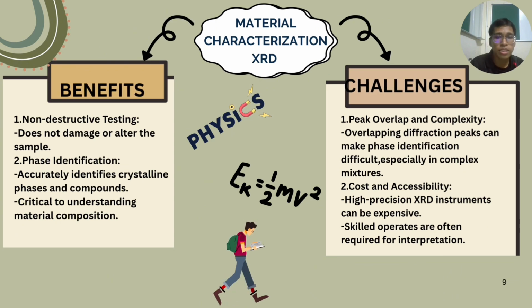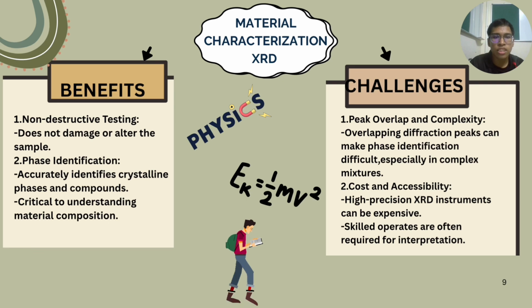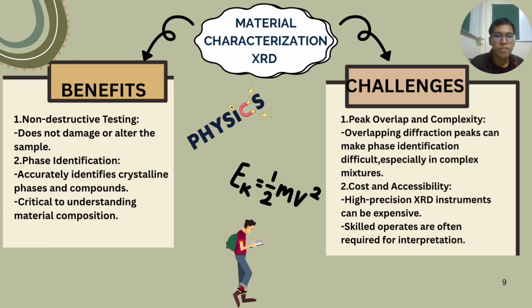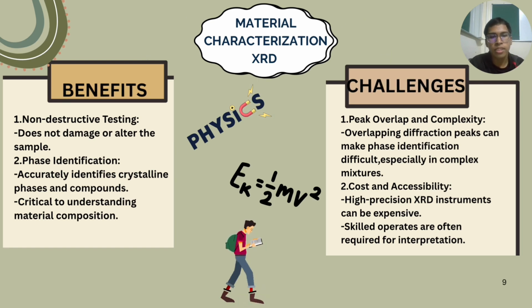Now for the challenges. The first challenge is peak overlap and complexity, which means overlapping diffraction peaks can make phase identification difficult, especially in complex or combined mixtures. Now the second, cost and accessibility.